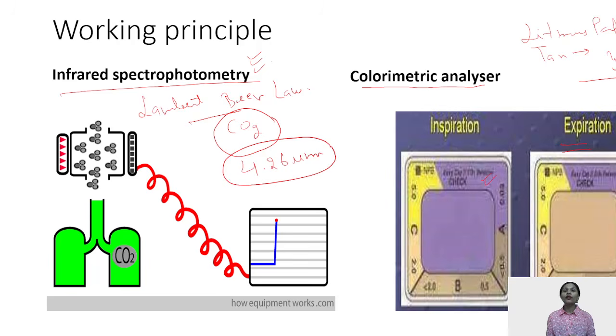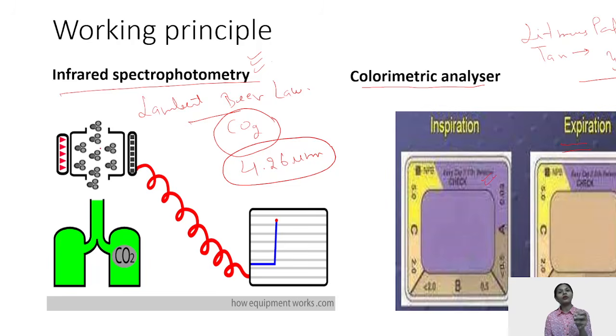These infrared rays are given, and the CO2 will absorb this 4.26 micrometer wavelength, and the left over will be transmitted, and eventually it will be analyzed, and using certain algorithms we are going to have a capnograph which will be displayed on our monitors.